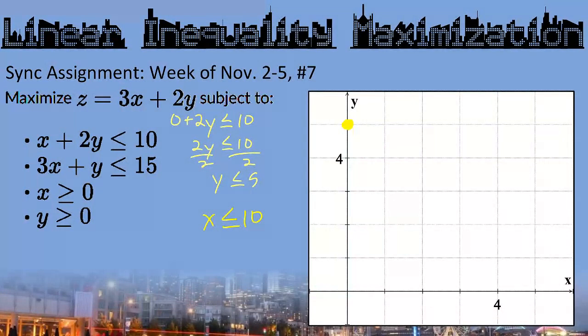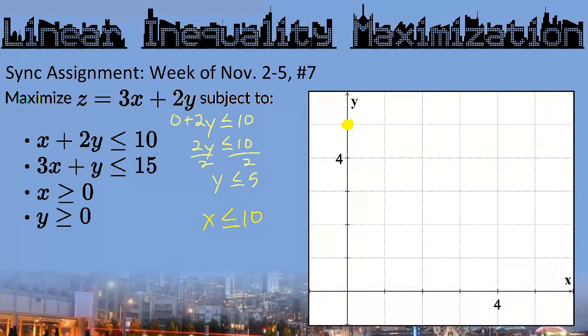So that's a slope of 1/2. Do you guys see how I did that? From this point, if I'm at 10, 0, that would be way out there. But it has to have a slope of 1/2 because I've gone down 5 and to the right 10.